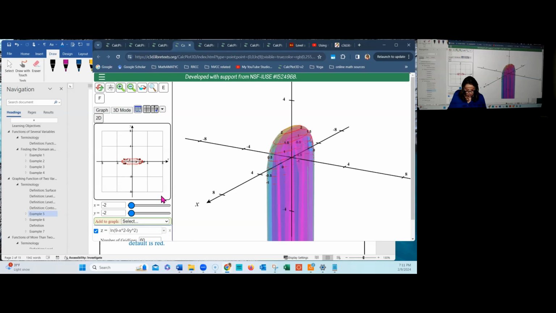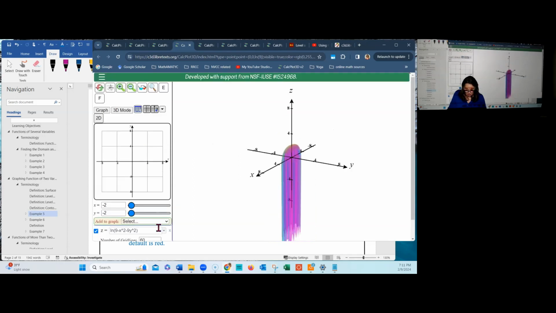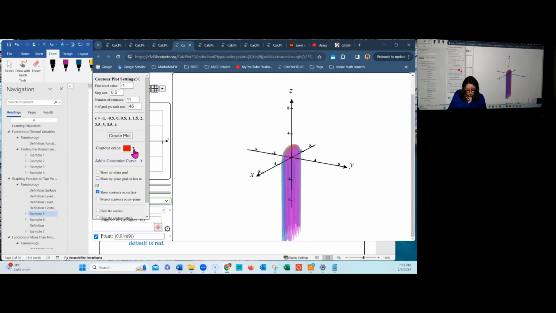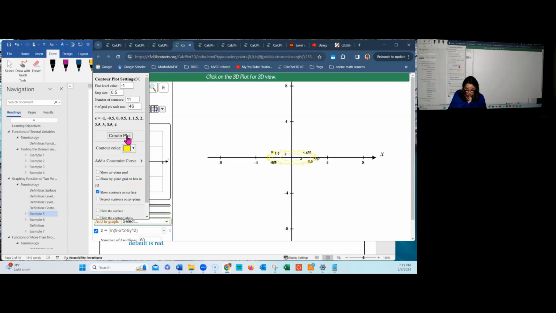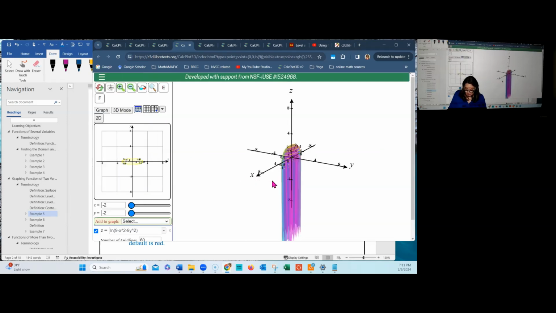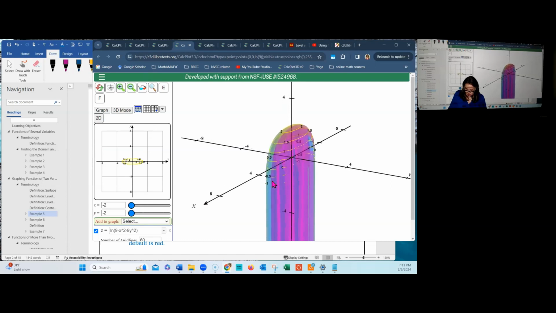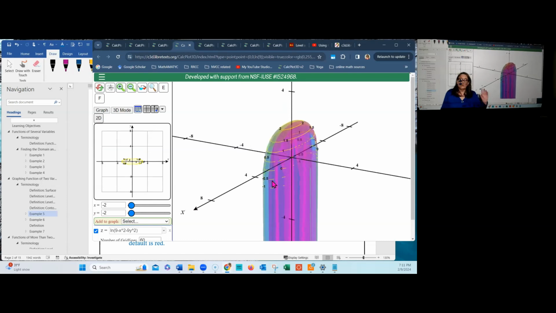Let me come back over here, click on contour plot, again choose yellow for the color, create the plot, then click here, and now you can see them. We can scroll in a little bit so they show up better. One of those is a level curve or a contour line. The series of them graphed in a two-dimensional plane is a contour plot.